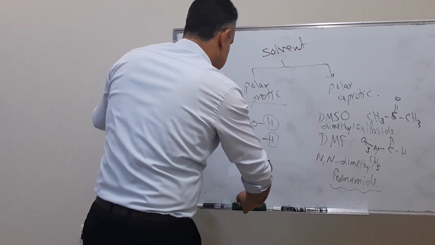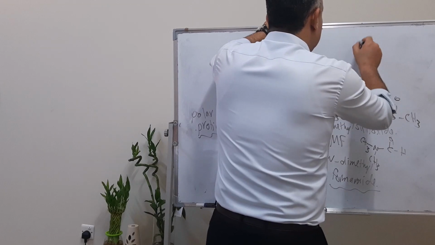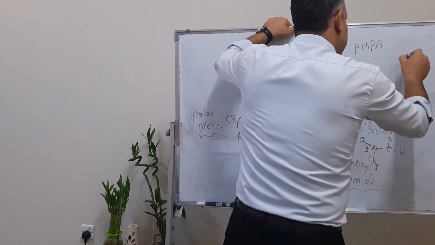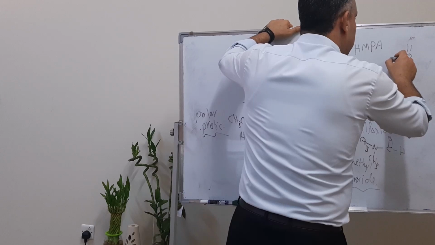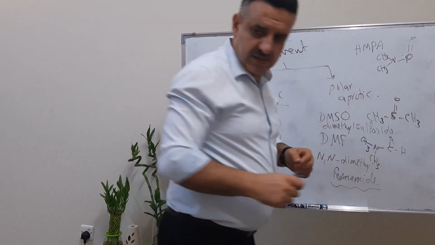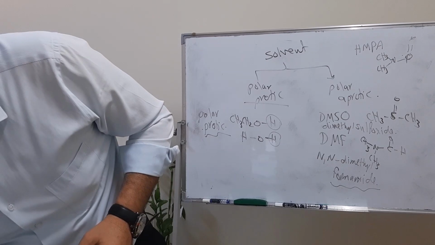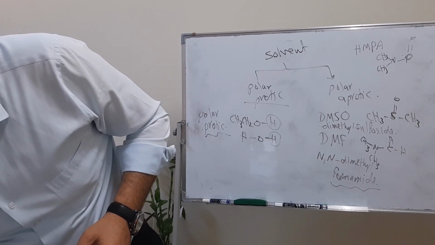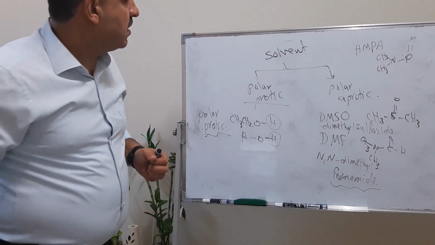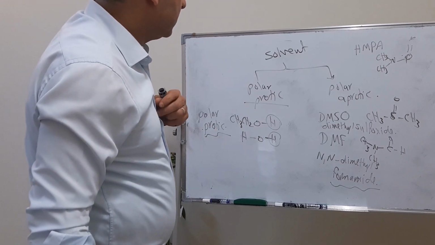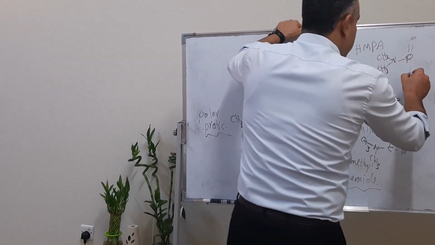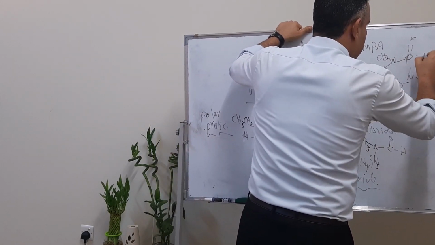And the last one is HMPA, which is phosphorus double bond O, with N-methyl groups, hexamethylphosphoramide.